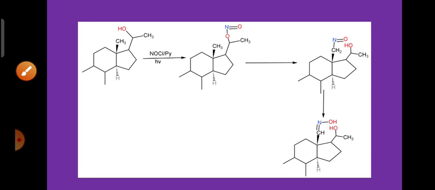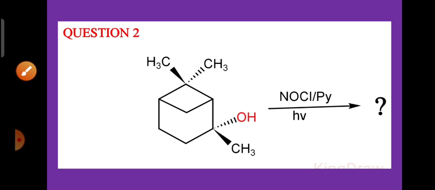Now we go for the second question. Look here, in the second question also, the nitrite is not given directly, the hydroxy compound is given, and we have to understand that in the presence of pyridine, nitrosyl chloride reacts with hydroxy compounds and forms the nitrite.